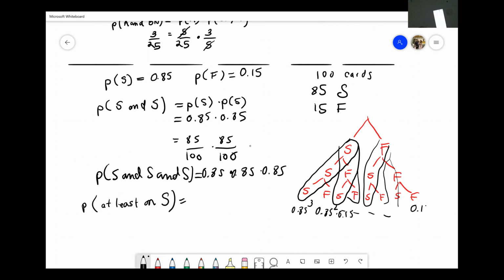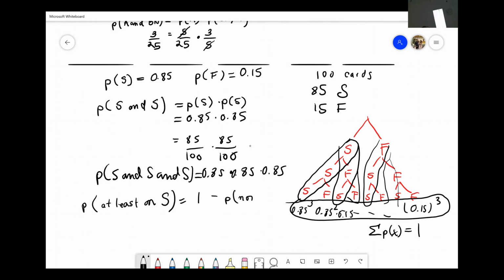And this last one is 0.15 to the third. If you add all these up, guess what you get when you add up all the probabilities? You get 1. So if you just took 1 minus the probability of no successes, you would get the probability of at least 1 success. 1 minus 0.15 to the third would be your answer.